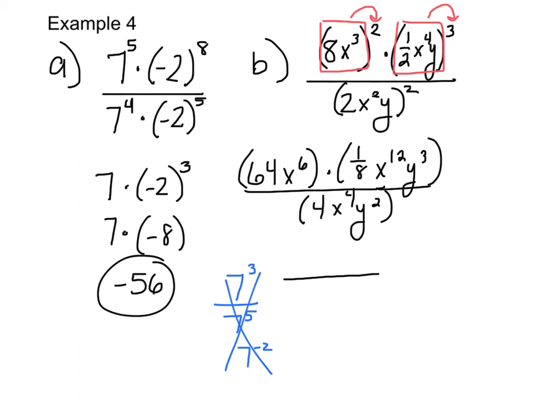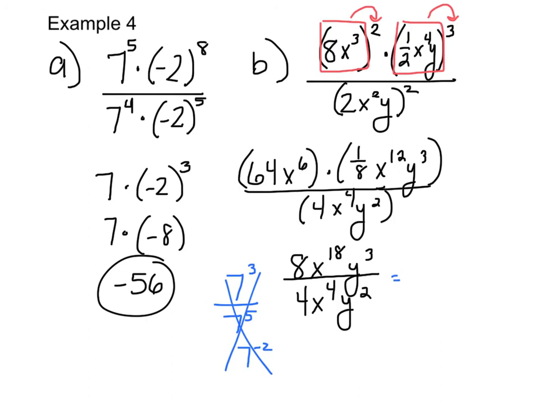All right, now I'm going to multiply the top. 64 times 1/8. Well, 1/8 of 64 is just 8. X to the sixth times x to the 12th. That's going to give me x to the 18th, since we add powers with the same base. And then y to the third comes down, over 4x to the fourth, y squared.